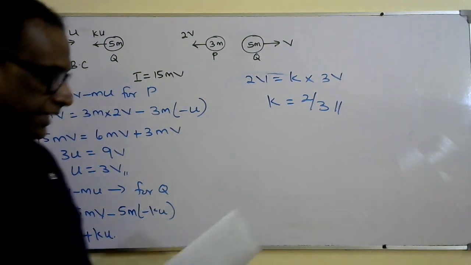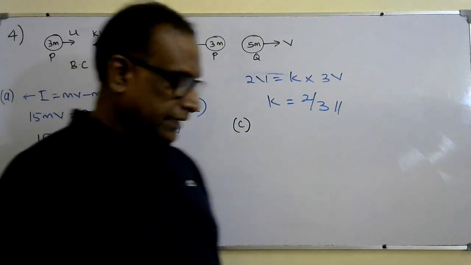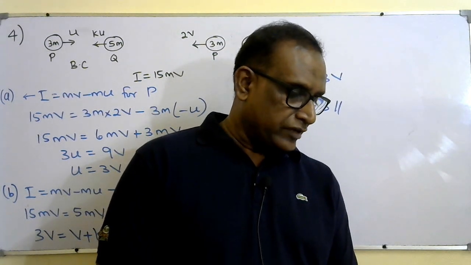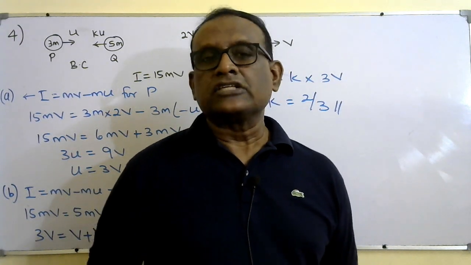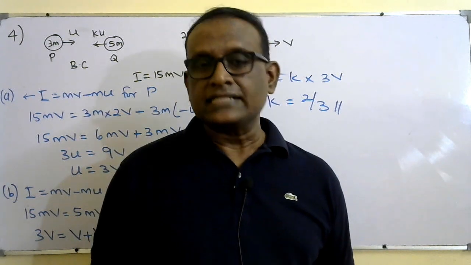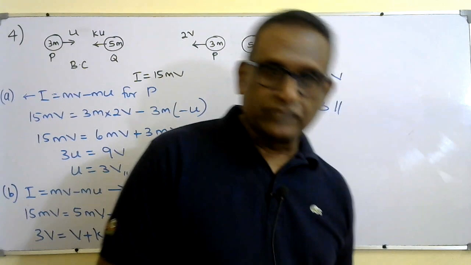Okay, part C, it says that the coefficient of restitution between P and Q is e. Find the value of e. So coefficient of restitution is something related to Newton's law of impact. It says relative speed of separation is equal to e times relative speed of approach.